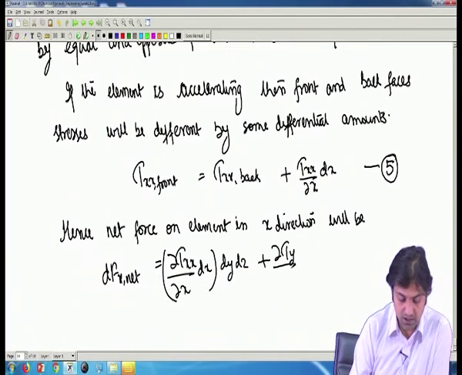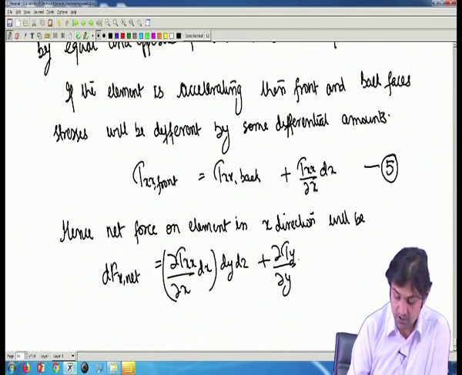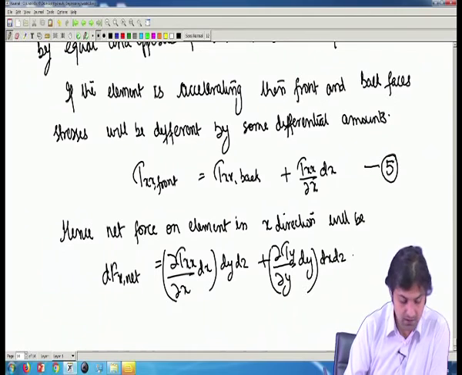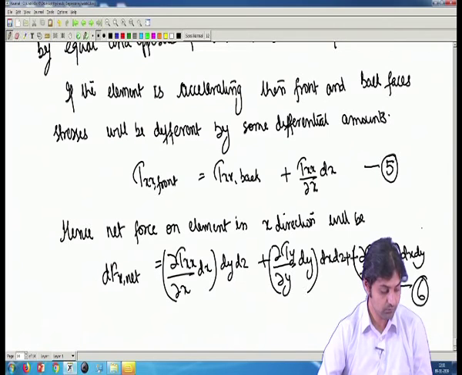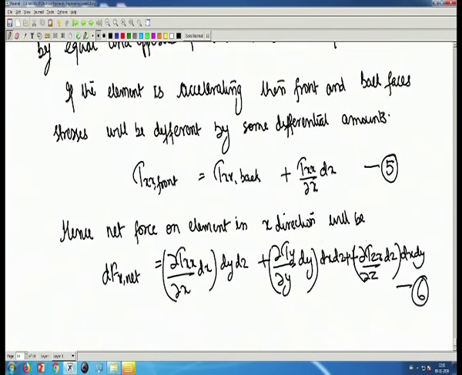Same here, del tau yx by del y into dy, multiplied by dx dz, plus del tau zx by del z into dz multiplied by dx dy. And this we call equation number 6. So we go to another page now.